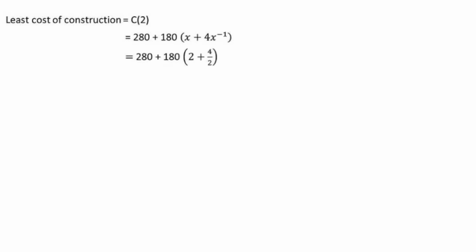That is 280 plus 190 into x value 2, plus 4 by x means 4 by 2, which is 2. So 280 plus 190 into 4, that is 280 plus 720, which is 1000. So the least cost of construction is 1000 rupees.